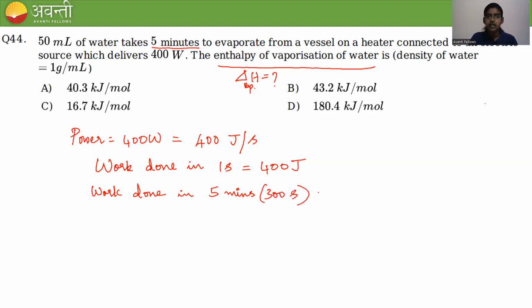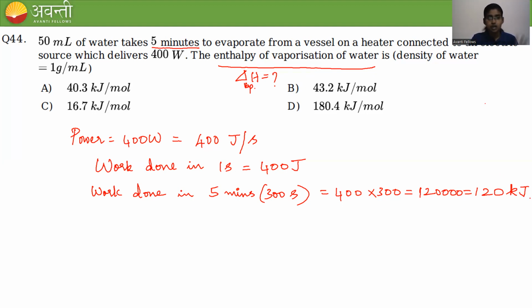So the work done in 300 seconds is equal to 400 into 300, which is equal to 1,20,000 joule. In terms of kilojoule, it is 120 kilojoule.